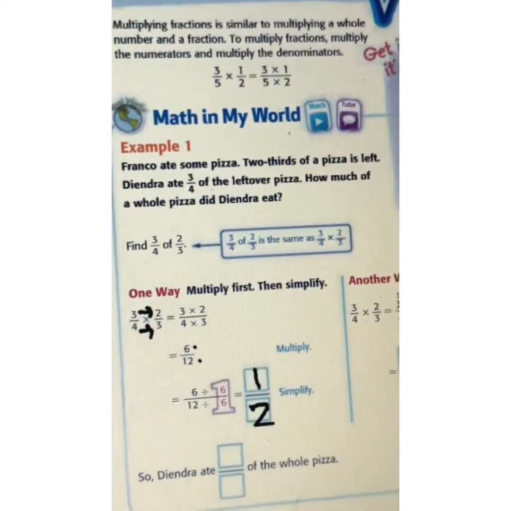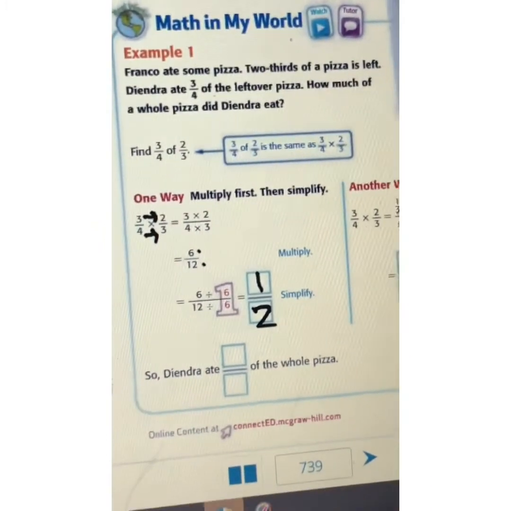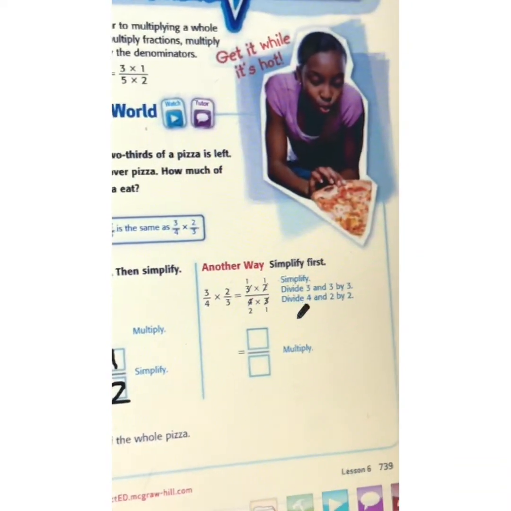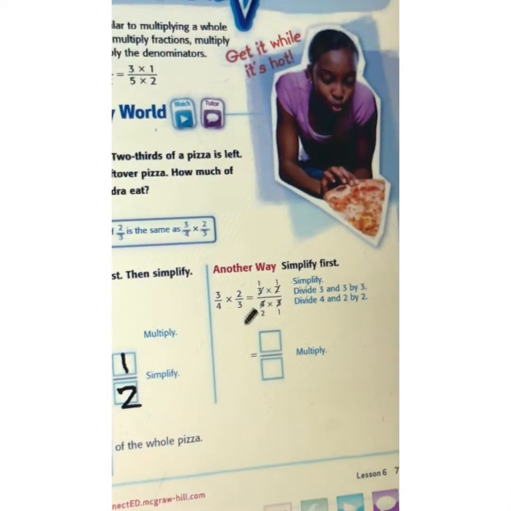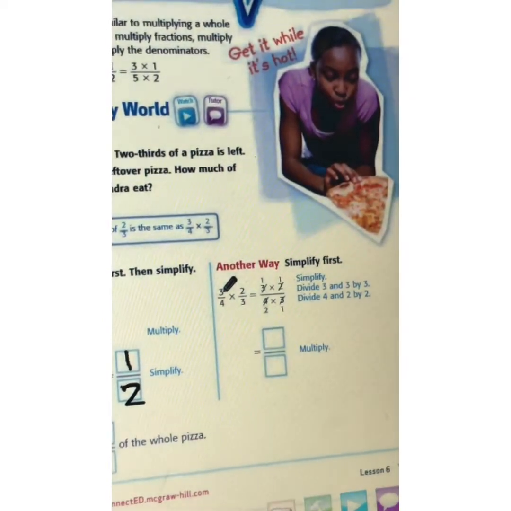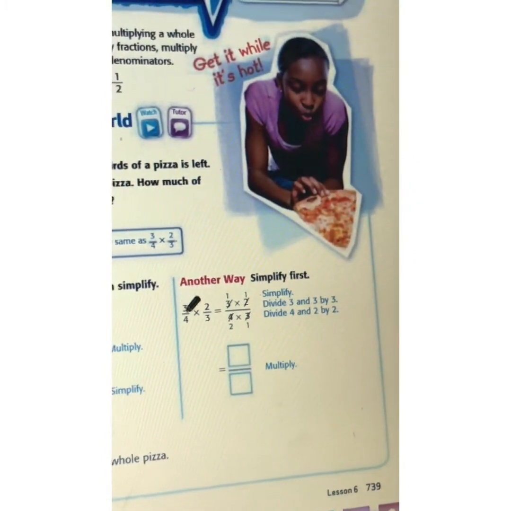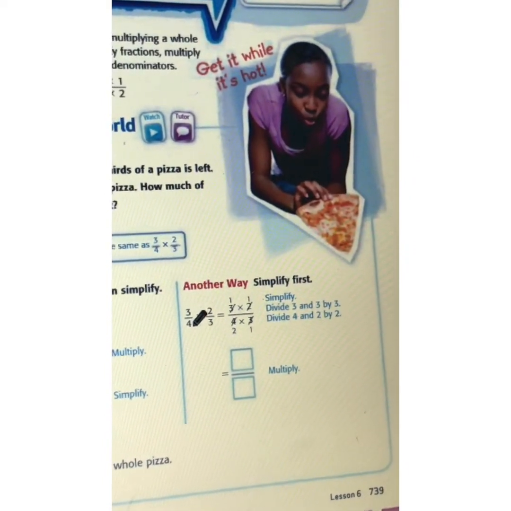I'll be teaching you another way. Actually, you have an idea about it already. So, it's simplifying first. So, I told you, you have to check whether the numerator and the denominator have a common factor.